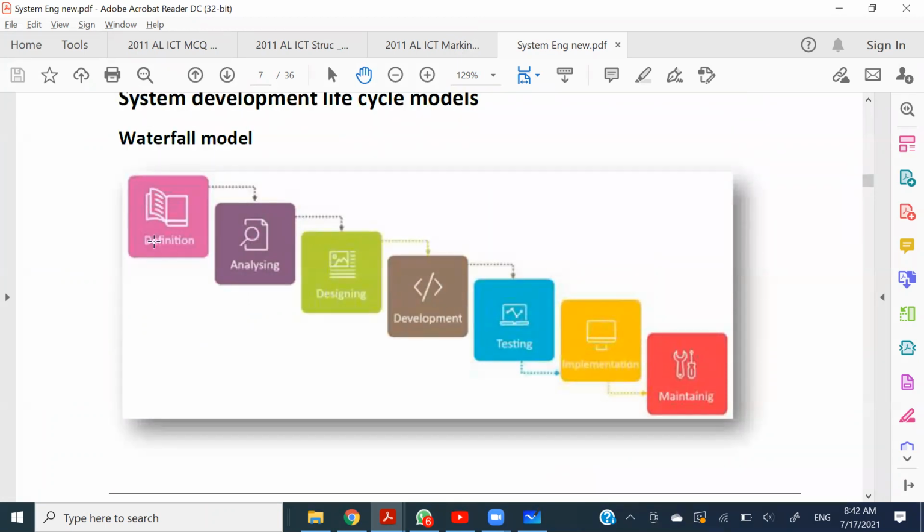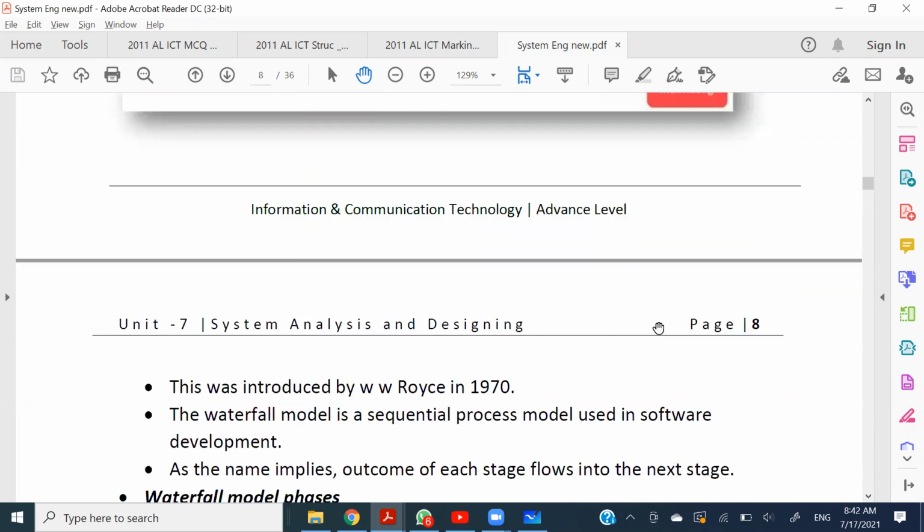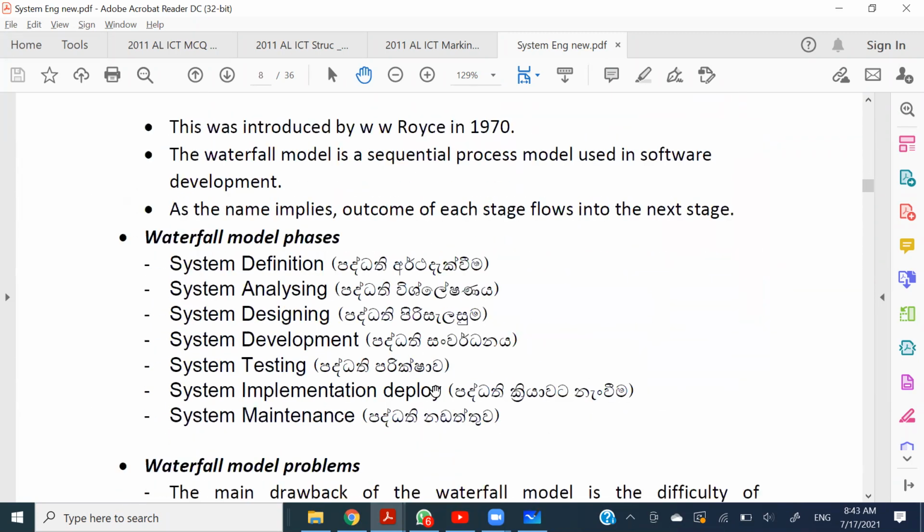So we define what the system is, then we analyze, then we design, then we develop, then we test, then we implement or deploy, and we maintain. So the system definition, system analysis, system design, system development, system testing, system implementation or deployment, and system maintenance.